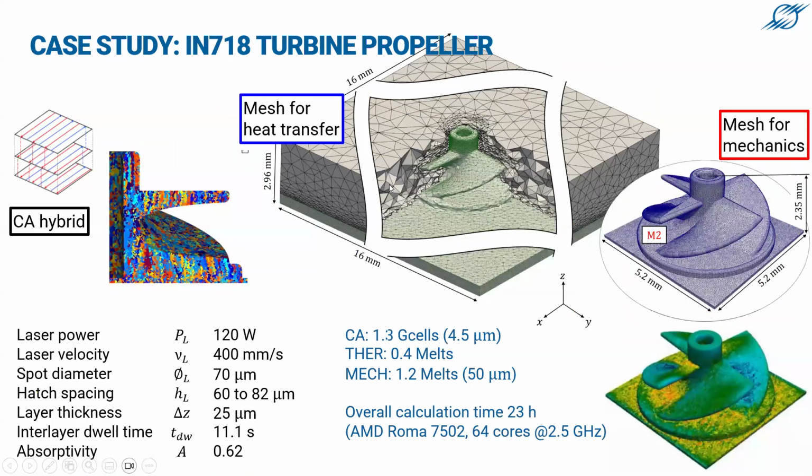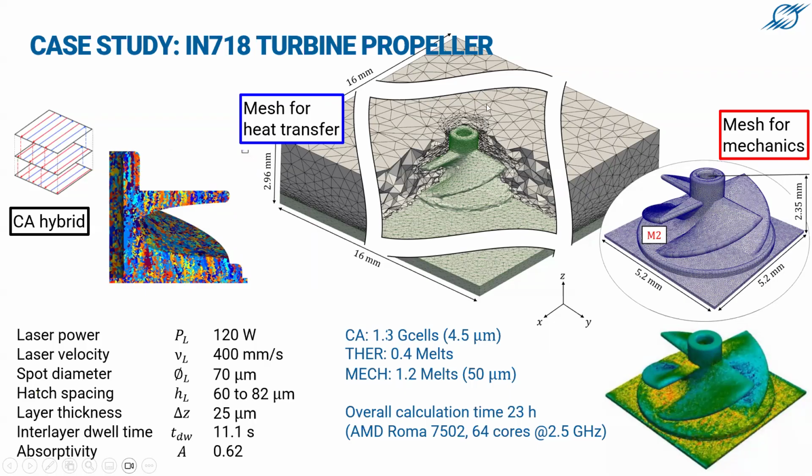construction. So a demonstration was done on this turbine propeller in Inconel 718. So this is the microstructure, the grain structure as calculated by the cellular automata.